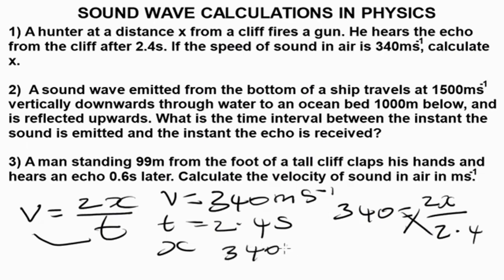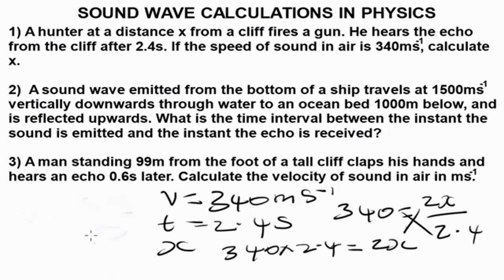When you do this, you're going to have 340 times 2.4 equals 2x. When you simplify further, you're going to have 340 times 2.4, let me punch it. It's going to give us 816 equals 2x.